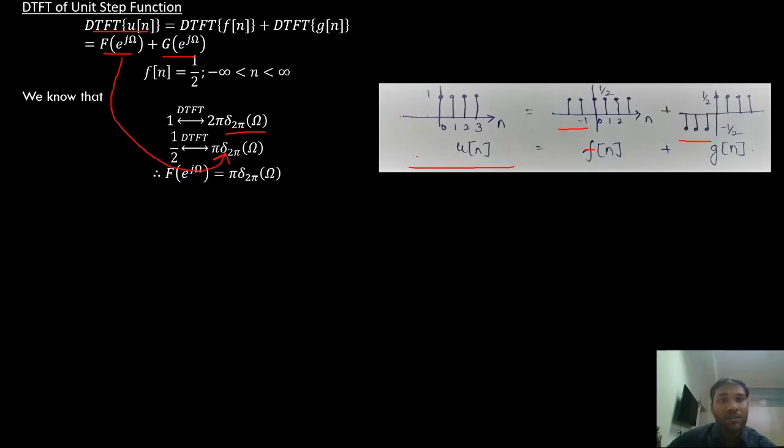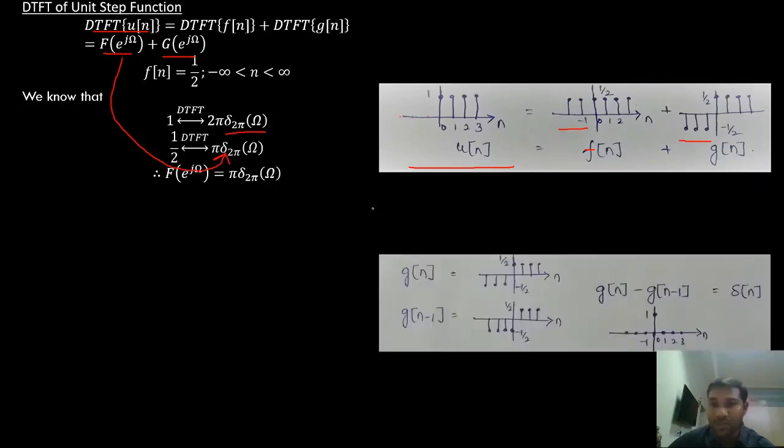Now I have to find G of e power j omega. So how can I find it? So g of n is this one. So I am going to find out g of n minus 1. n minus 1 means I am just shifting my g of n to the right by 1 unit, right?